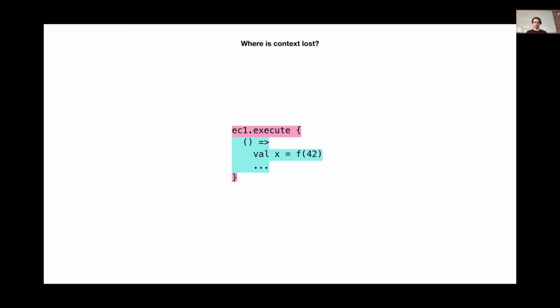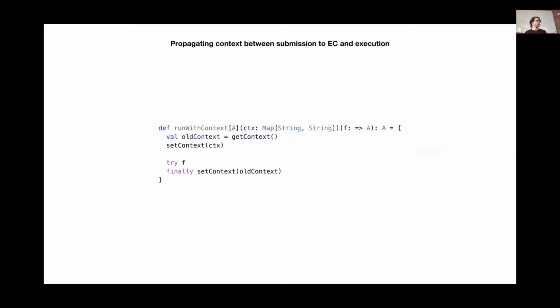We will use something like runWithContext, basically a function that takes a context that we want to run some code with. It also takes a chunk of code and basically gets the context before, sets the context to the new context, runs the block of code, and then restores the old context.